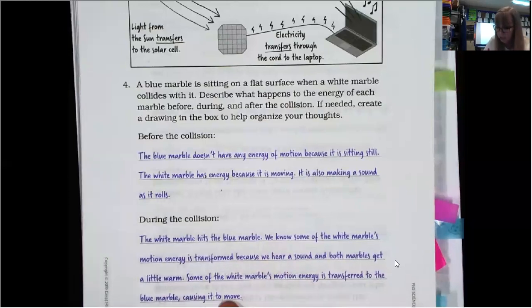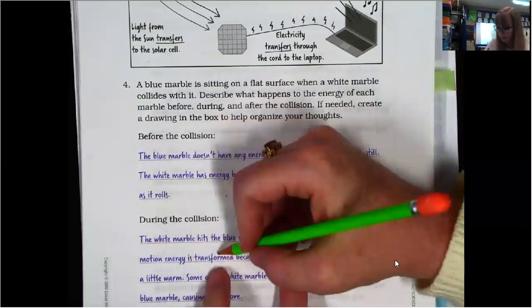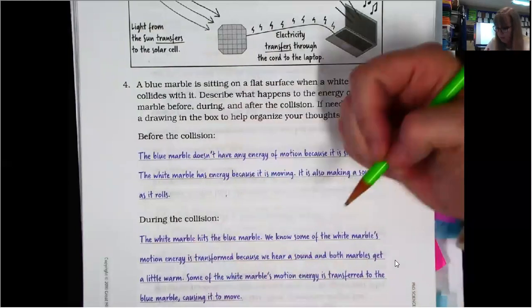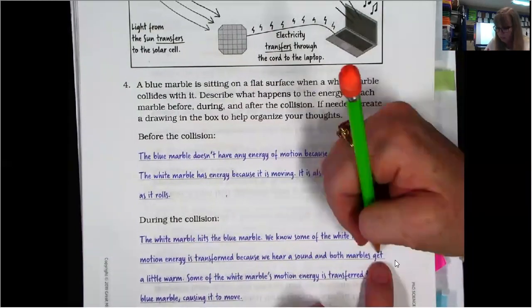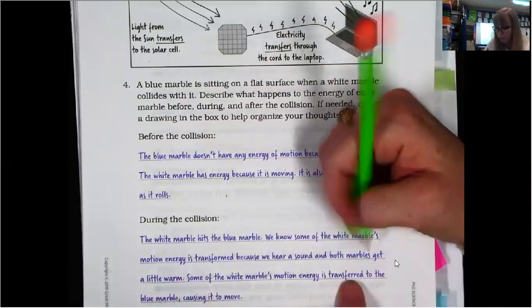So this explanation mentions transformation into sound. So it talks about motion energy, transform, sound. And then it says some of it goes to heat. Then it talks about transferring some of the motion energy to the blue marble.